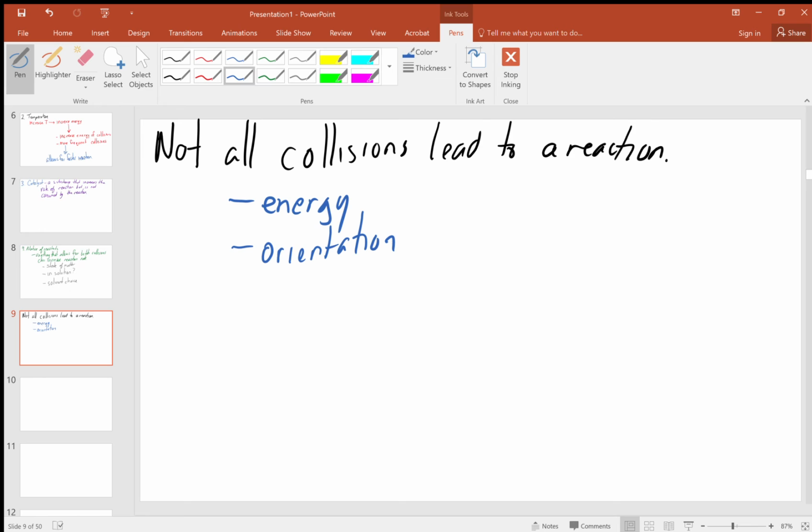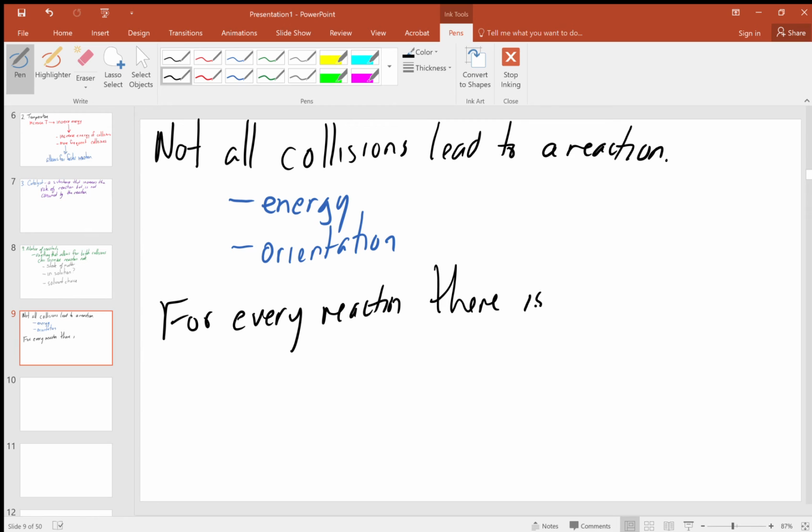So we can have a very large molecule, but if the wrong part of it is what comes in contact with the other molecule, then they're not going to react. So for every reaction, there is a minimum amount of energy that we need. And without this minimum amount of energy, nothing will happen.